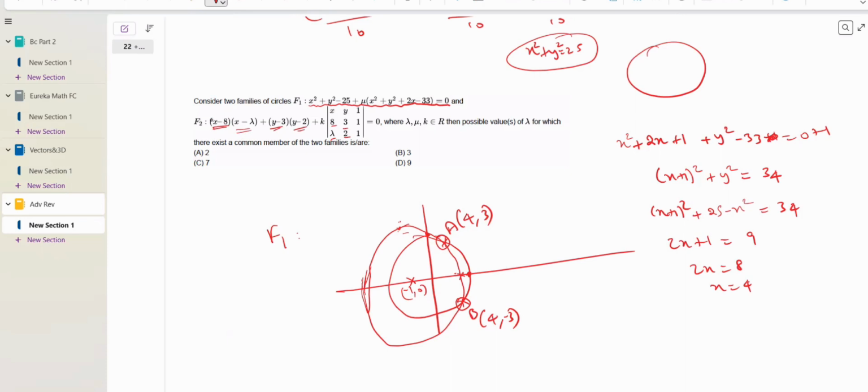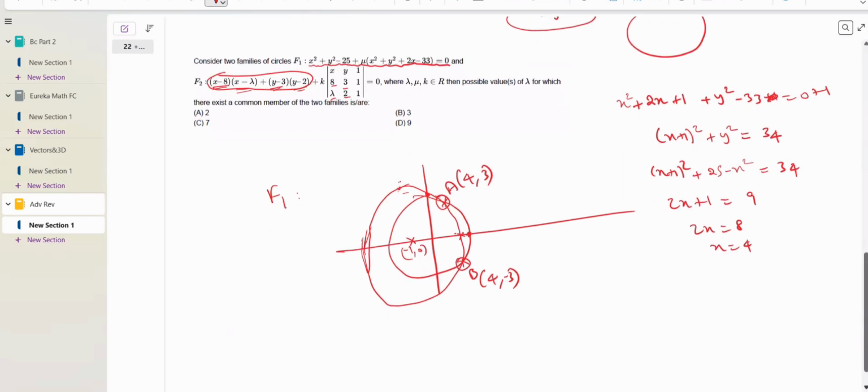So what does that remind you here? That line is the chord of both circles. Without a circle, you cannot build a family of circles.